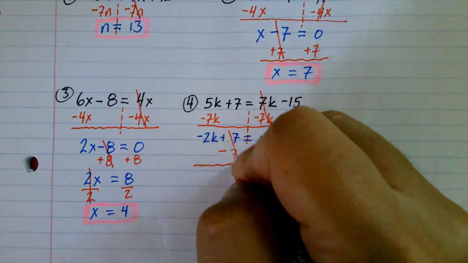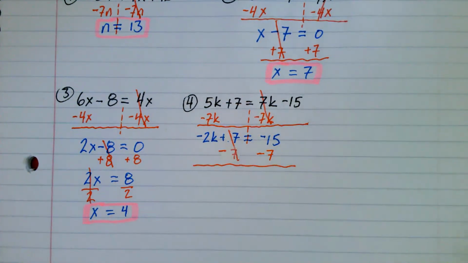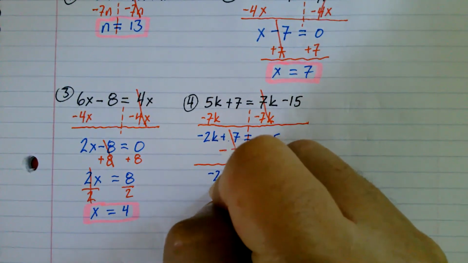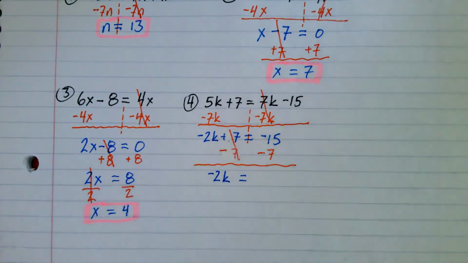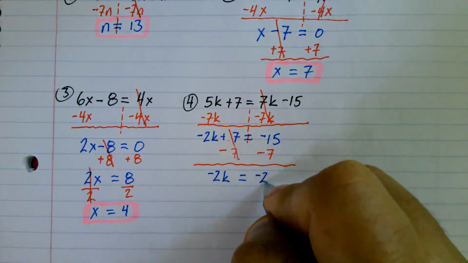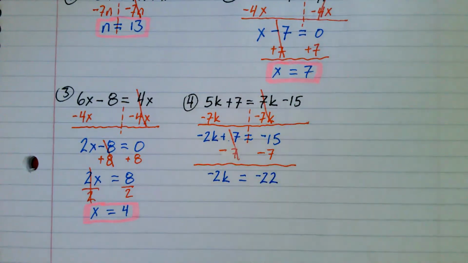Okay. That will cancel. So I got negative 2k equals. So now I got to combine negative 15 and negative 7. What does that give me? Right. Negative 22. You just add them. All right.